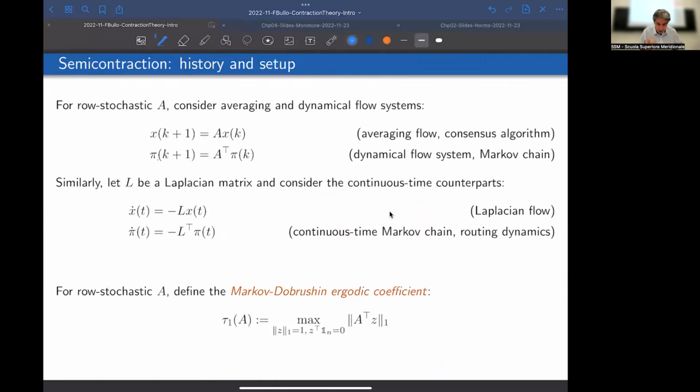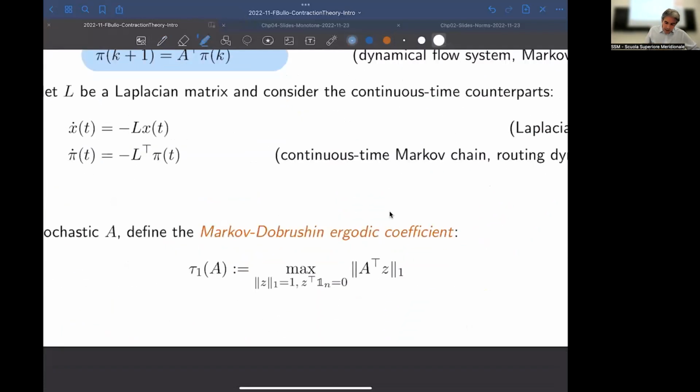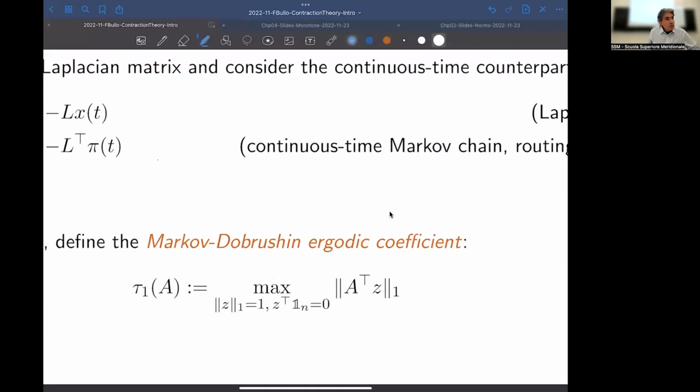First of all, I'm going to study the discrete time case because I don't have time to do both in parallel. You should know that Markov in 1906, and then another scientist called Dobrushin, defined this object here. It's just a number, called tau_1.